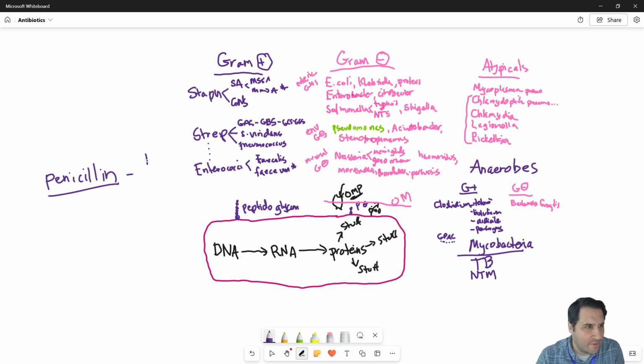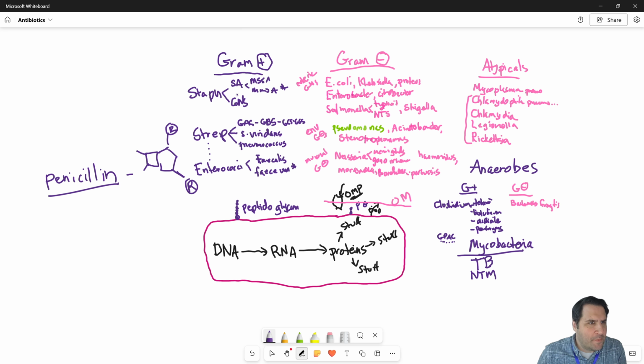Remember, these are beta lactams, so they have that lactam ring, usually attached to another ring, either 5-carbon or 6-carbon, depending on whether it's penicillin or a cephalosporin or a carbapenem. They're going to have different rings attached to the beta lactam ring and R groups that stick off of these special rings. Those R groups are what really ends up distinguishing the beta lactams from each other.